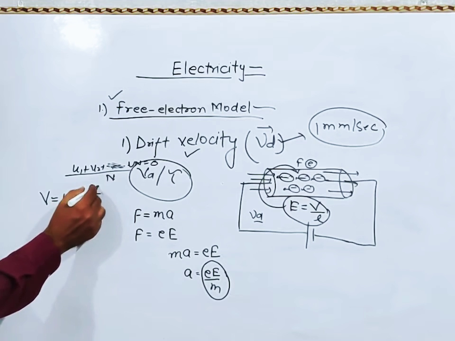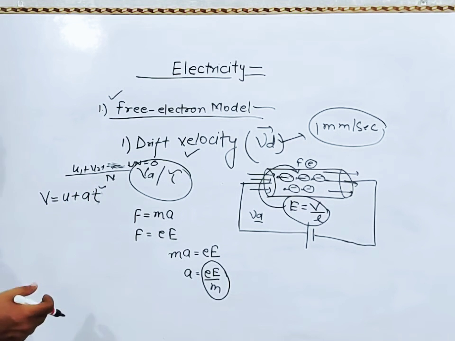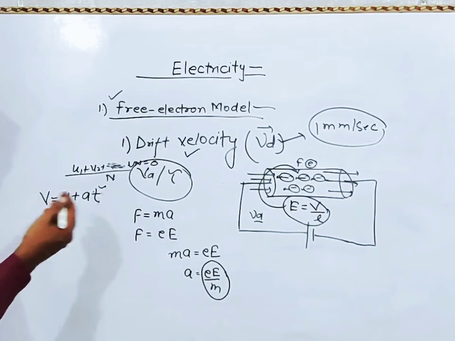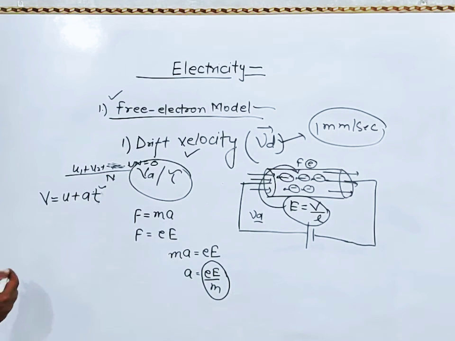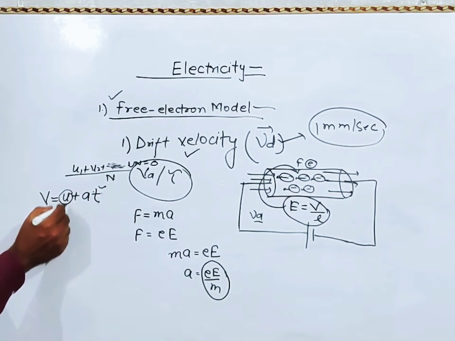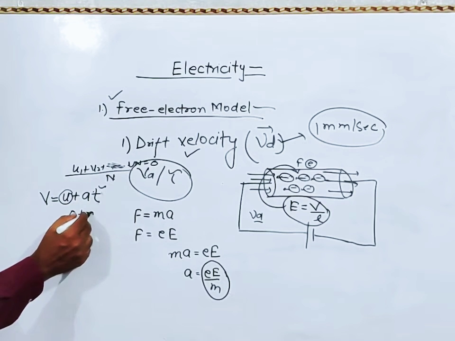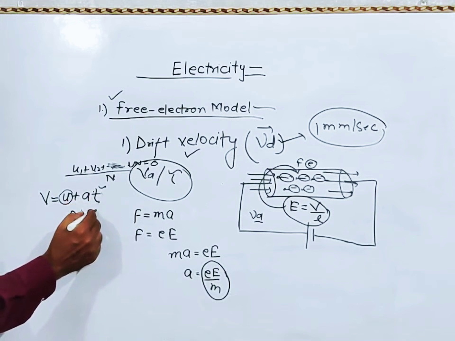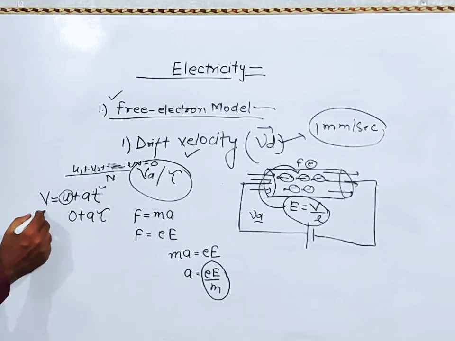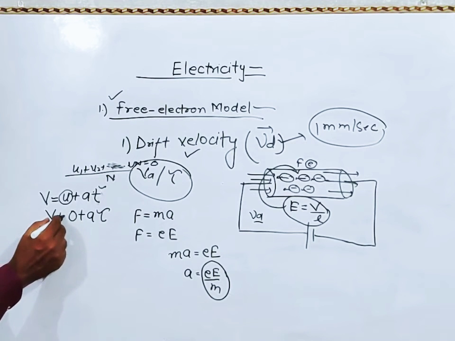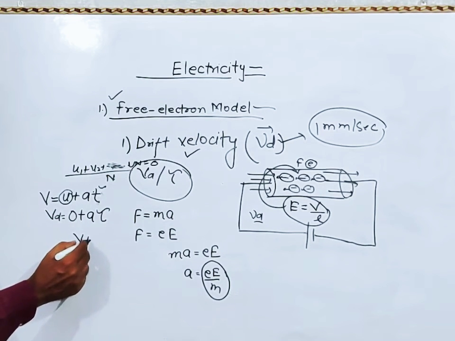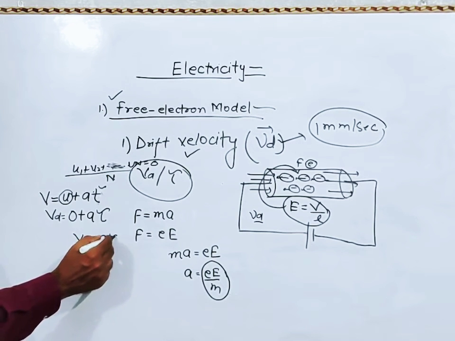What is the time here? Time is the average time that elapses between two successive collisions, that is nothing but the relaxation time, and the initial velocity will become 0. Here the acceleration a, and t becomes tau, and v becomes Vd. So this will become Vd is equal to a tau.